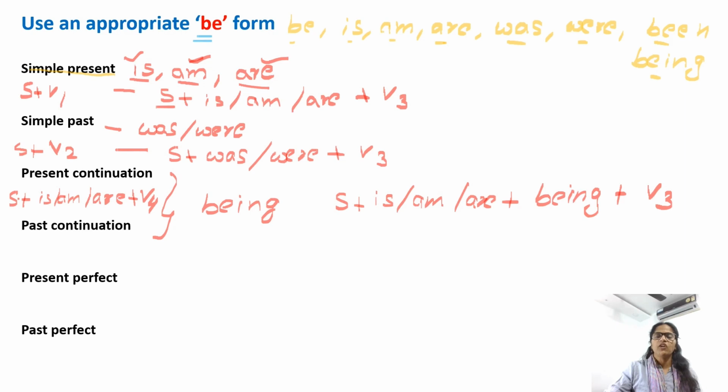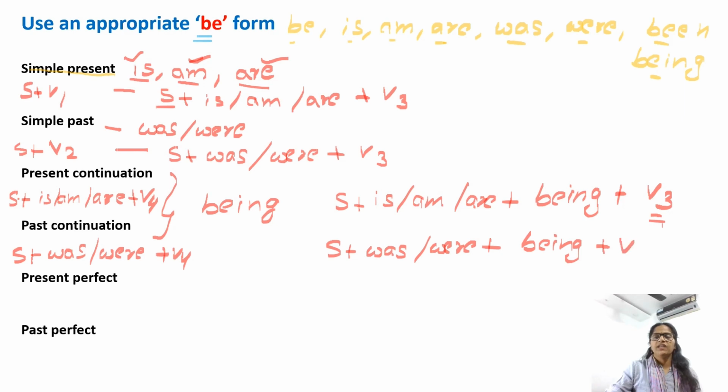Always the V3 form of a verb is used in passive voice. The structure of a sentence in past continuous is subject plus was or were plus the V4 form of a verb. In passive voice, the structure of past continuous is subject plus was or were plus being plus the V3 form of a verb.